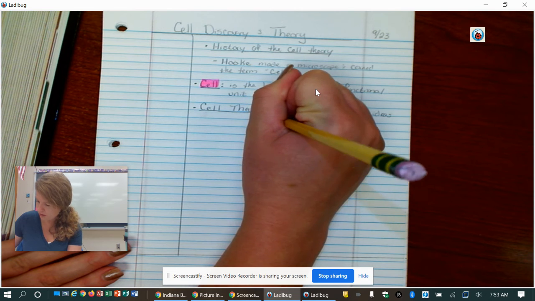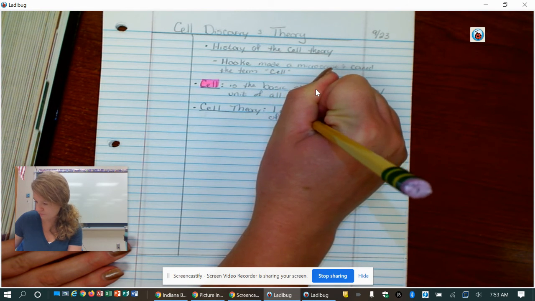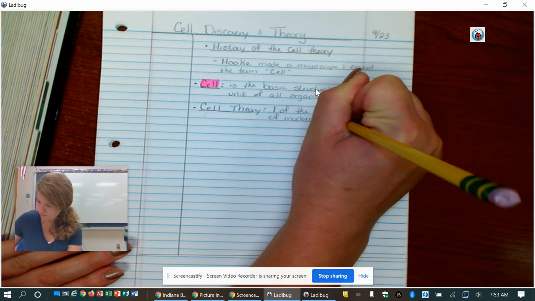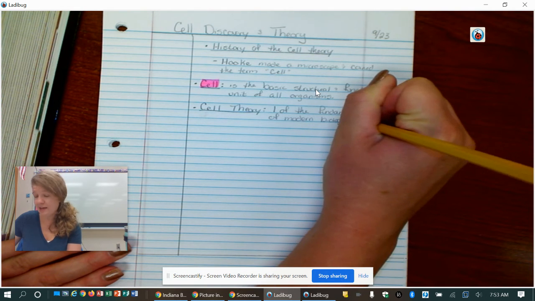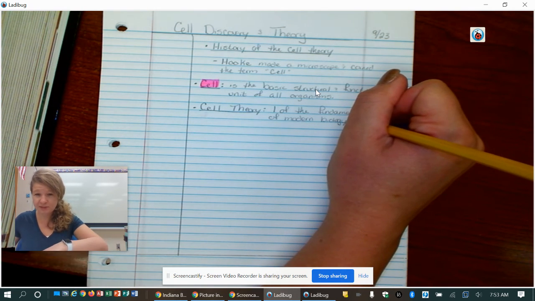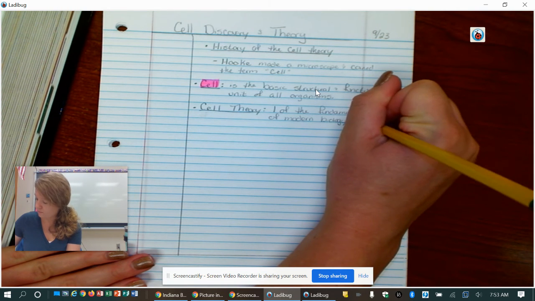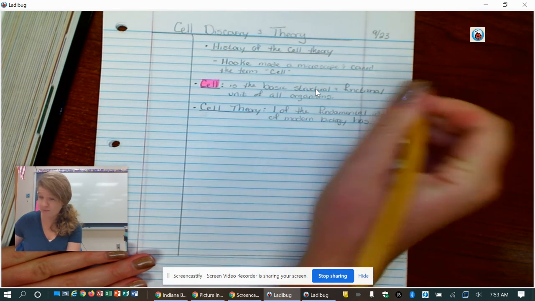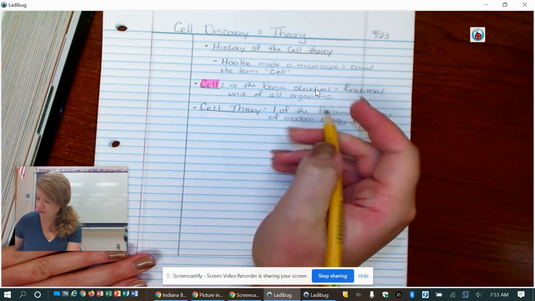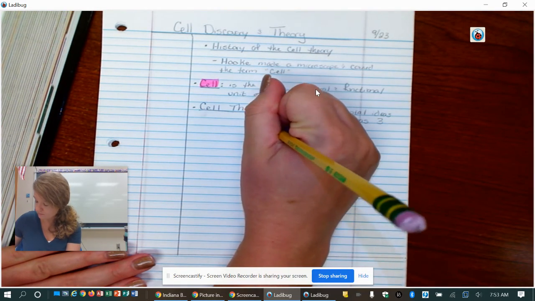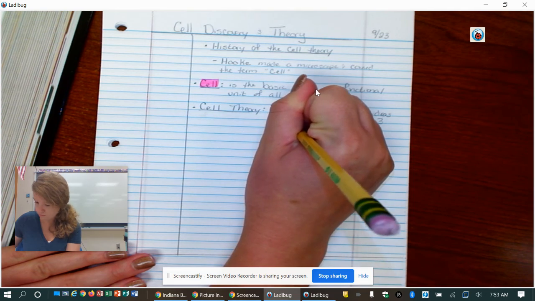Fundamental ideas of modern biology. And instead of includes the following three principles, I'm going to say has three principles. Remember, these are notes. We want to make them as clear and concise for us when we're reviewing as possible.